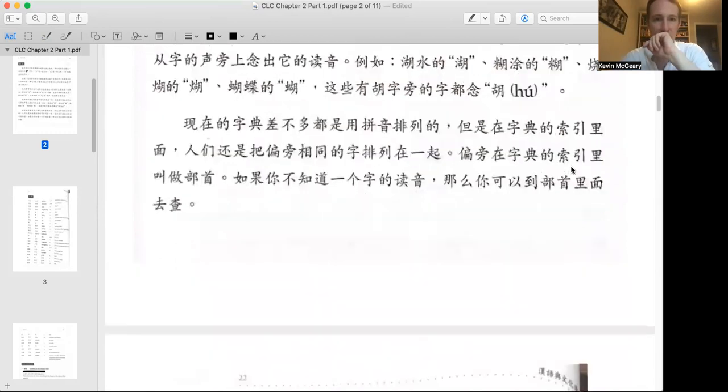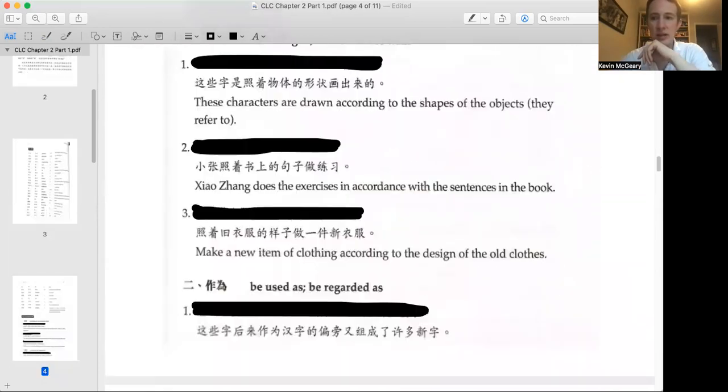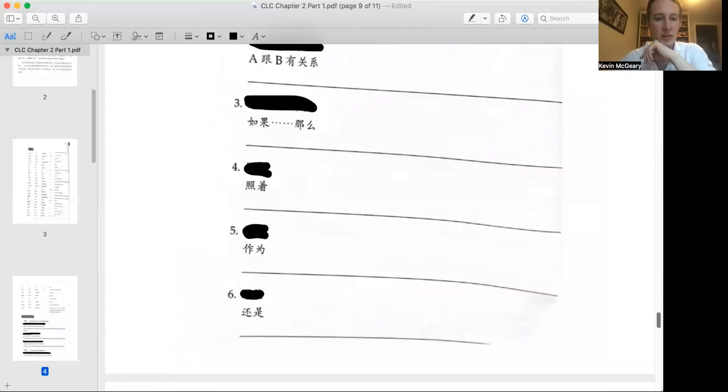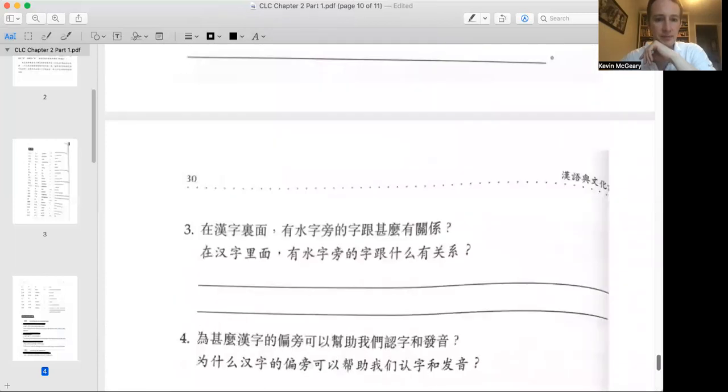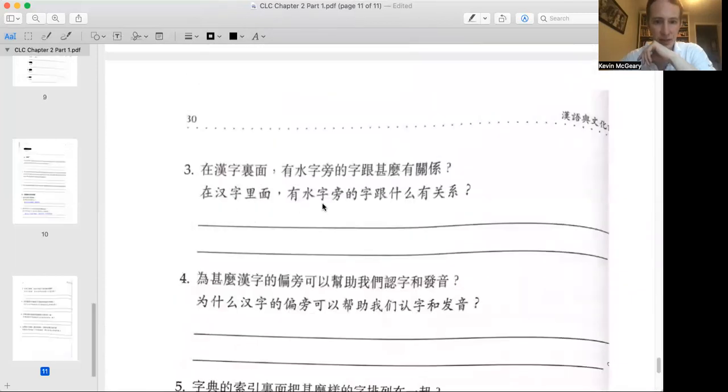So we'll go down and answer question 3 because that was answered in this paragraph. 在汉字里面有水字旁的字跟什么有关系?